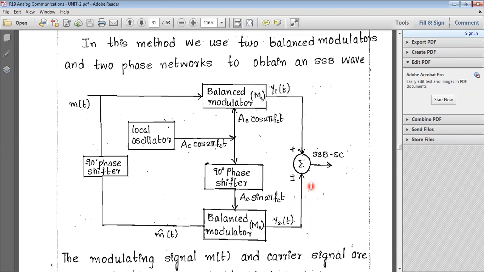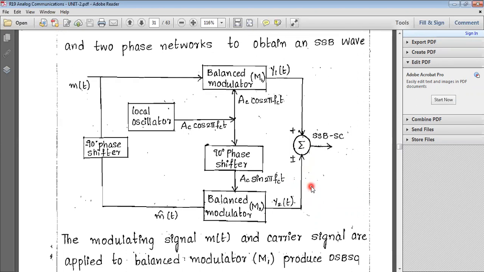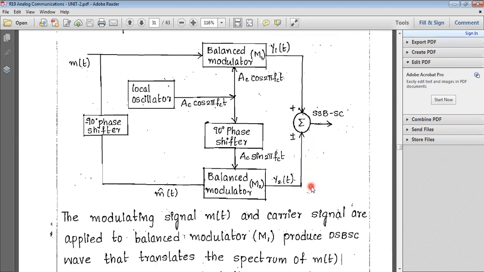Now observe the circuit. Coming to the operation. Here the message signal is connected to the first balanced modulator, which is considered as m(t). And the carrier signal applied to the first balanced modulator is Ac cos 2 pi fct.